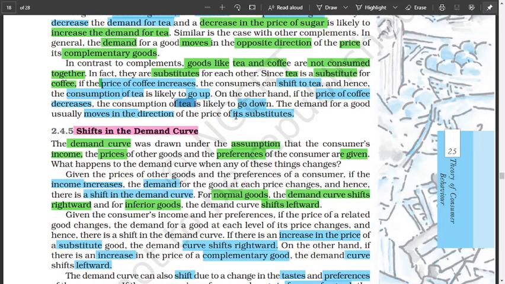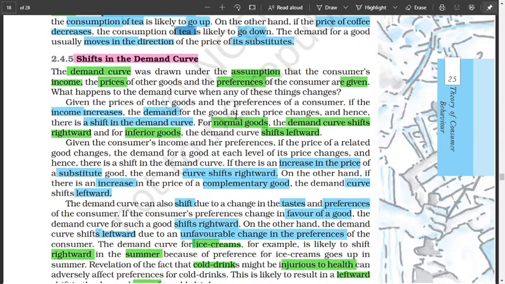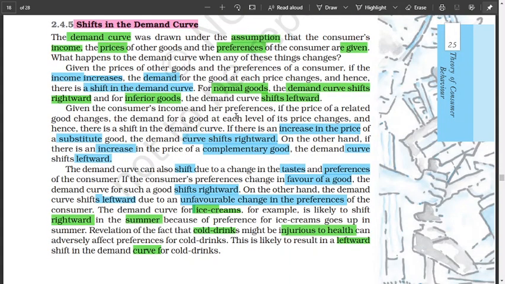That means if the price of tea is high, consumption of coffee increases. If the price of tea is high, demand for coffee will increase. That's the case of substitutes, because you forgo one and go for the other that is cheaper, affordable.